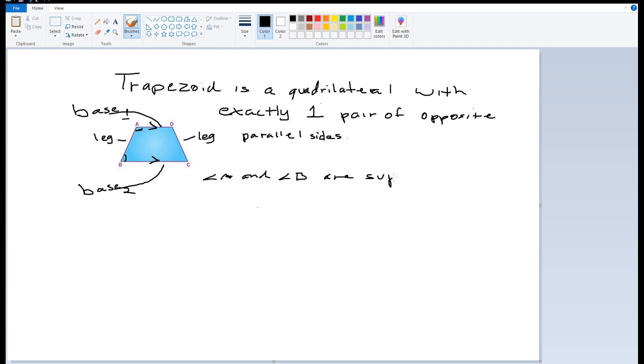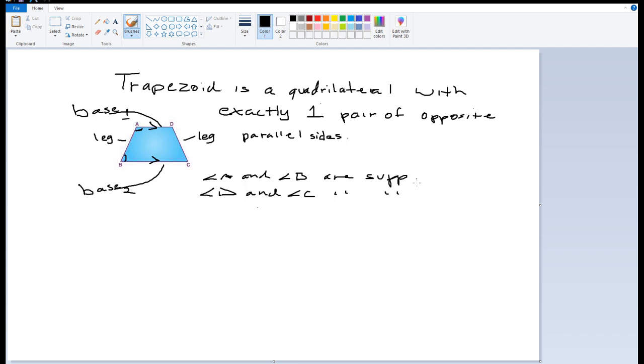That means that both of those angles add up to 180 degrees. The same can be said about angle D and angle C. They both add up to 180 degrees. So that's the simplest definition of a trapezoid. It's a quadrilateral that has exactly one pair of opposite parallel sides.